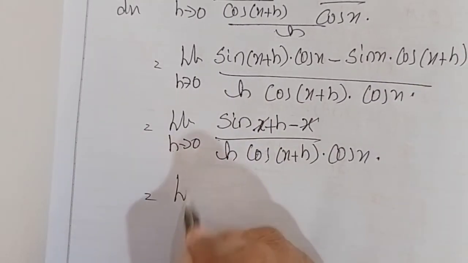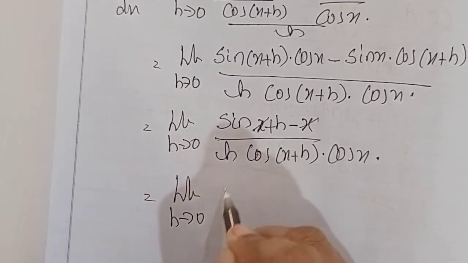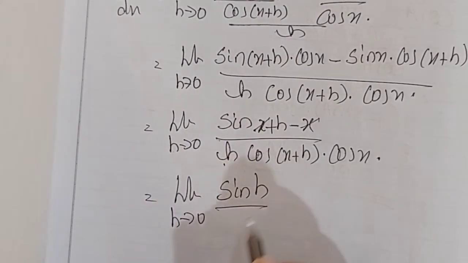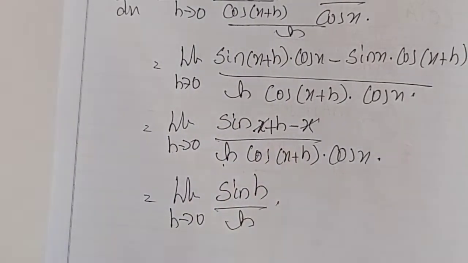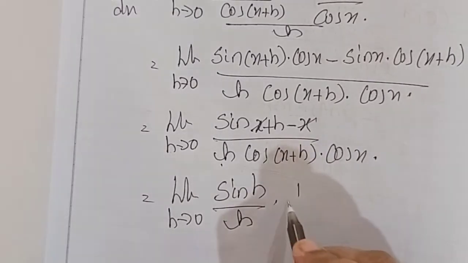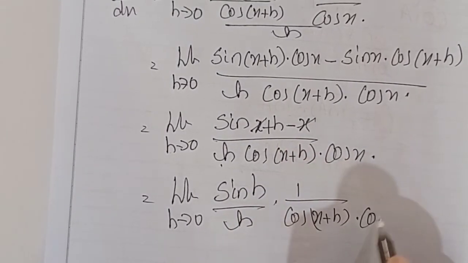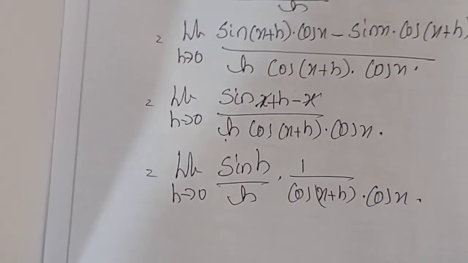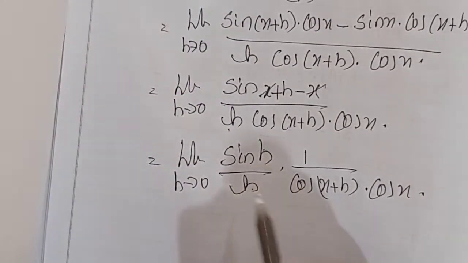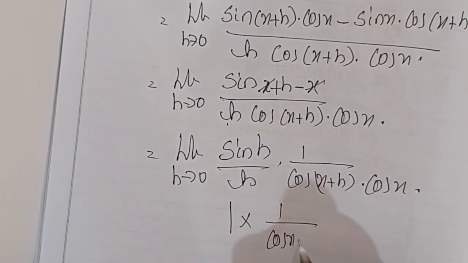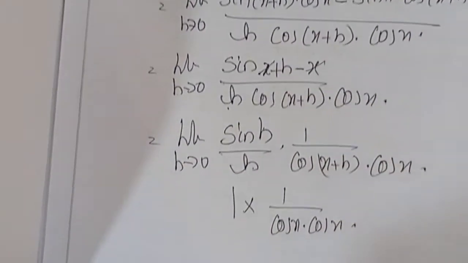You will get limit h tends to 0 sin h. We can write this h here by h into 1 by cos (x plus h) into cos x. Now when you apply the limit, sin h by h is 1, into 1 by cos x into cos x.